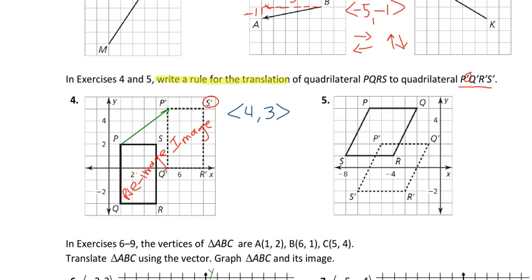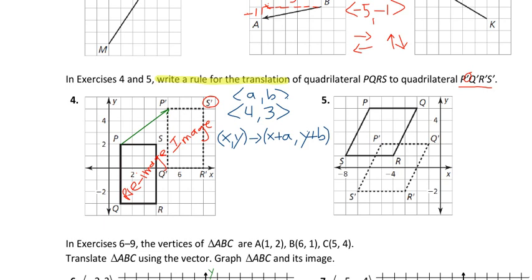And now using this, we write the rule, because we know that if we have a vector in component form, then every point (x, y) changes to (x plus the value of a, which could be a plus or a minus, and then y plus b, which again could be a plus or a minus).